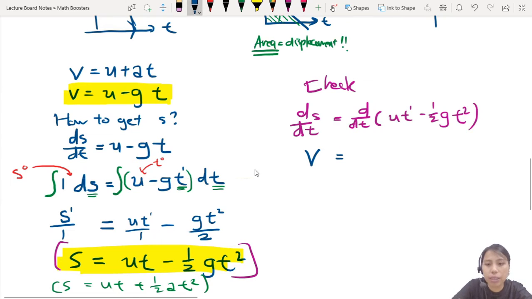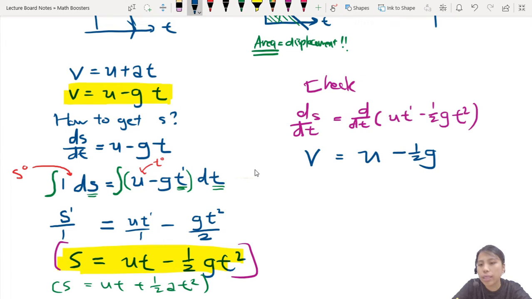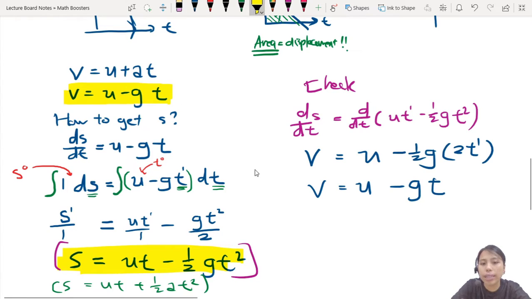So when you minus the power, it becomes 0. So it's just u minus half g. What is this? When you differentiate t squared, t power 1, but then the 2 comes in front. So what you have is v equals u minus gt. Is this correct? Double check. Yes, it is correct. So you're going back and forth.